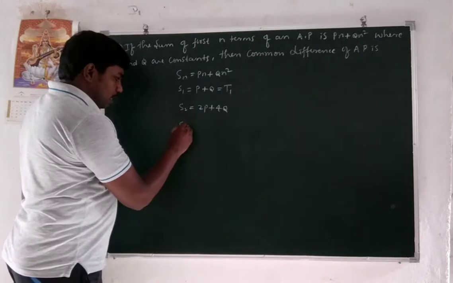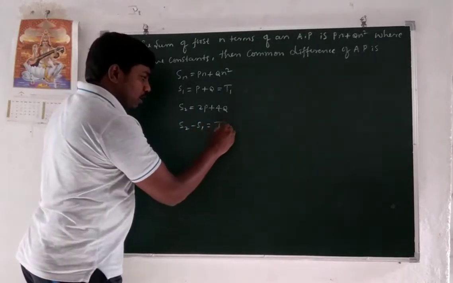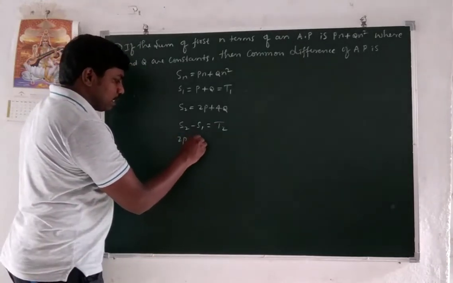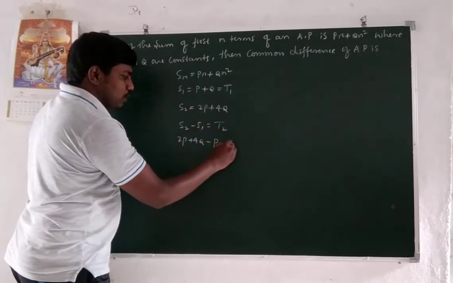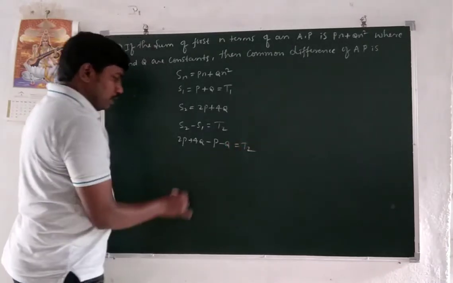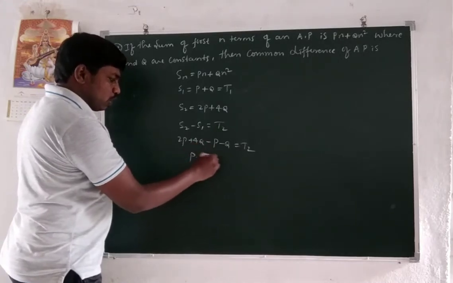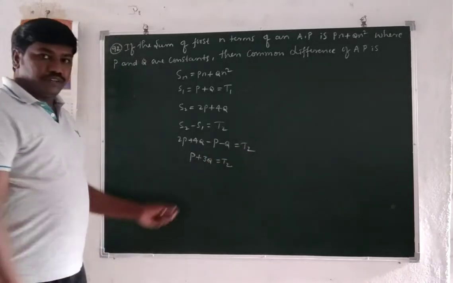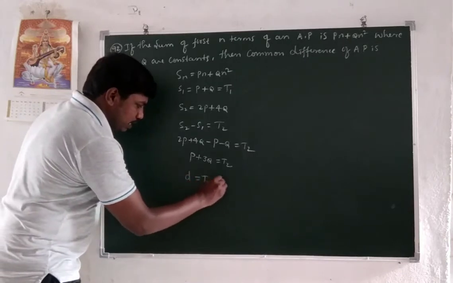What is S2 minus S1? S2 minus S1 is T2. S2 is 2P plus 4Q minus S1, which is P plus Q, so minus P minus Q, equals T2. 2P minus P is P, and 4Q minus Q is 3Q, equal to T2. Now T1 is known and T2 is known. The common difference is T2 minus T1.